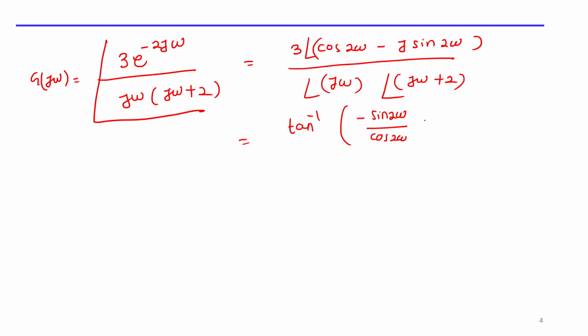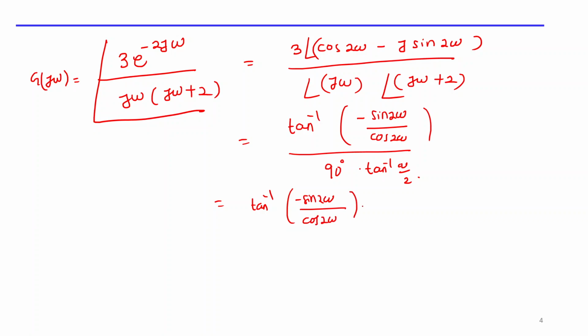In the denominator part, j omega angle is 90 degree, and j omega plus 2 angle will be tan inverse omega by 2. Now taking everything together, it will be tan inverse of minus sine 2 omega divided by cos 2 omega, minus 90, minus tan inverse omega by 2.